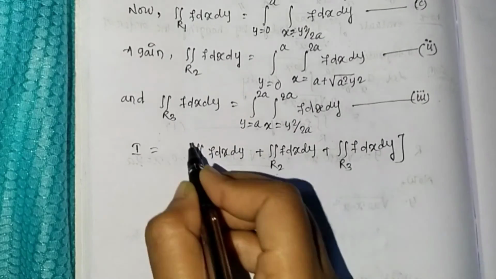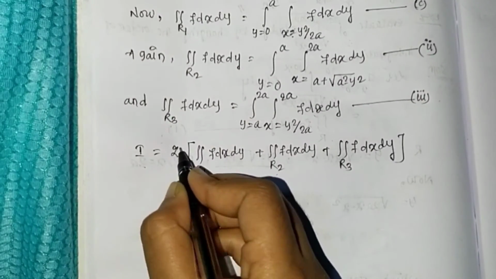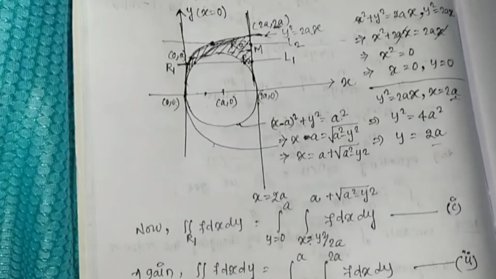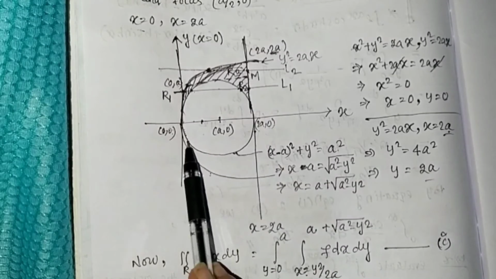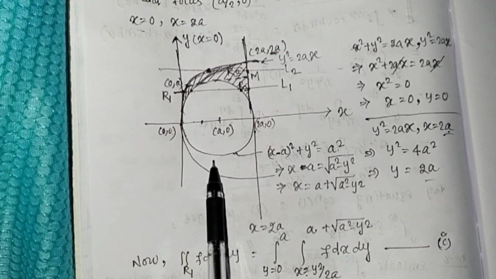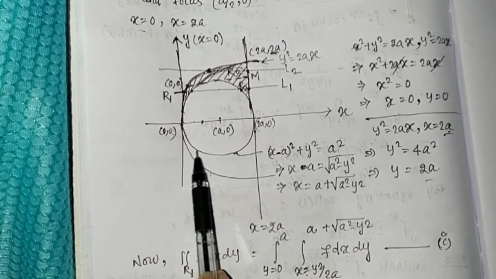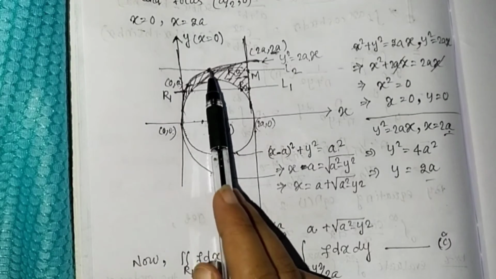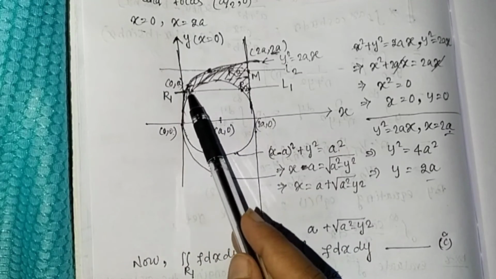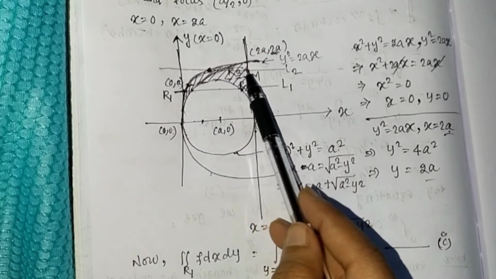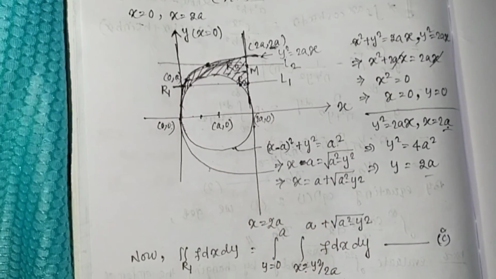And here we multiply by 2, because we see our region is this much and also this much, which is the same as this region, so we multiply by 2.